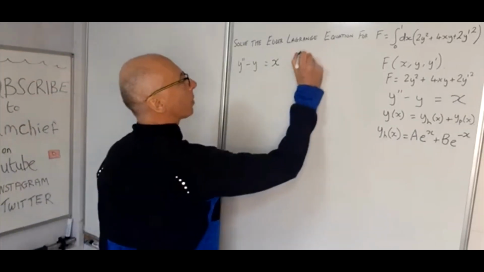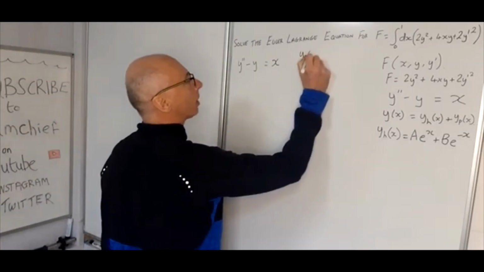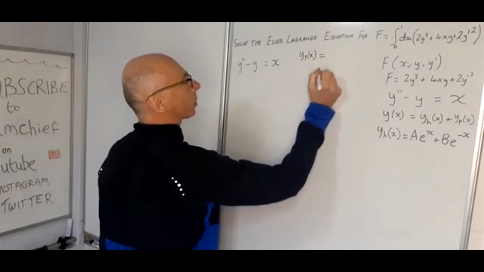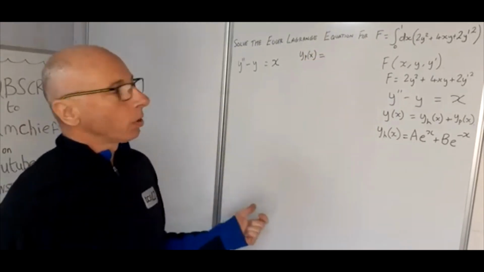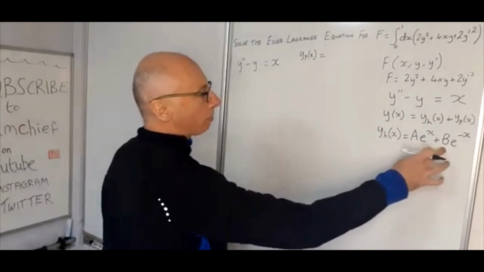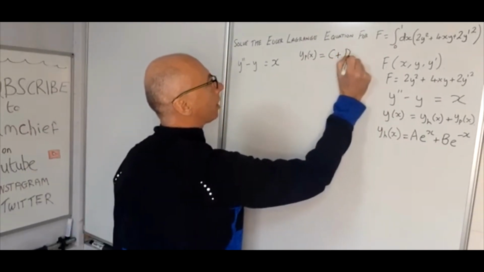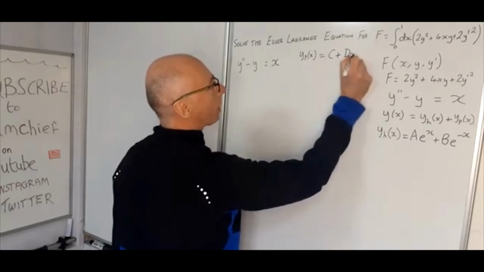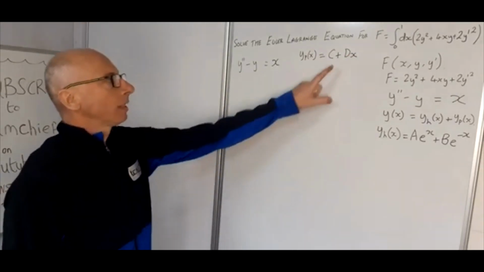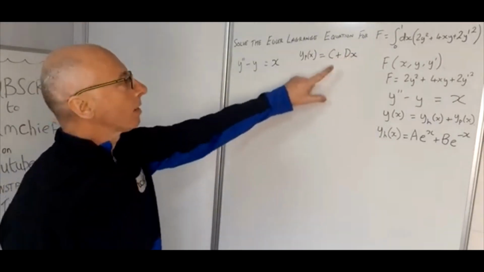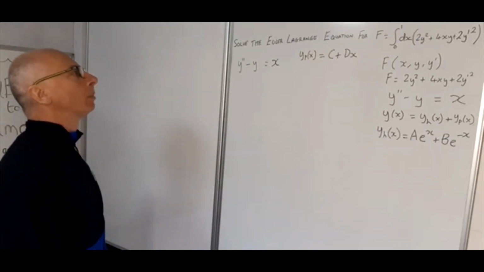So our building blocks for the particular solution, we're going to have a linear function. So we need two new constants as well. We used a and b. So next one in the line we'll use c and d. But as it's a linear function, we'll have d as our gradient for x and c could just be our intersection point.